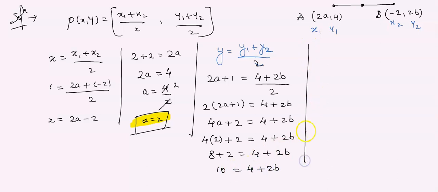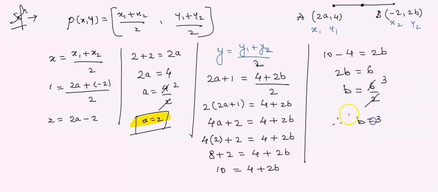Now 10 as it is, plus 4 comes this side, it becomes minus 4, that is equals to 2b. Then 2b is equals to 10 minus 4 is 6. Then the value of b is 6 by 2, therefore the value of b is plus 3. Hence we got the value of a and b. The value of a is plus 2 and the value of b is plus 3.